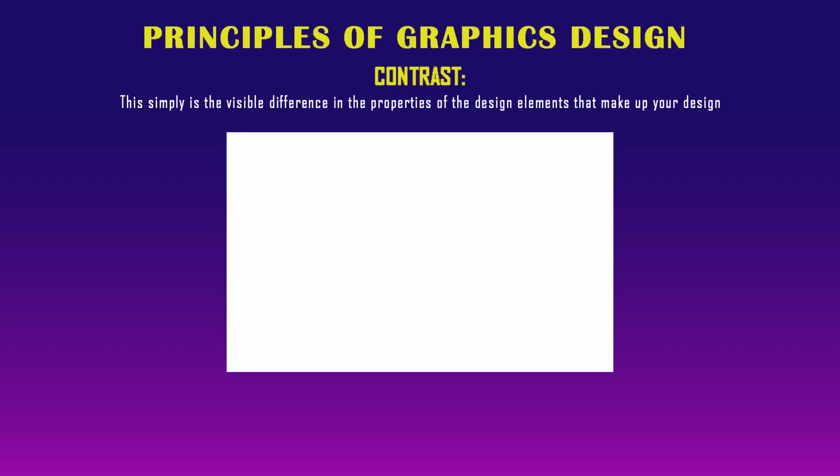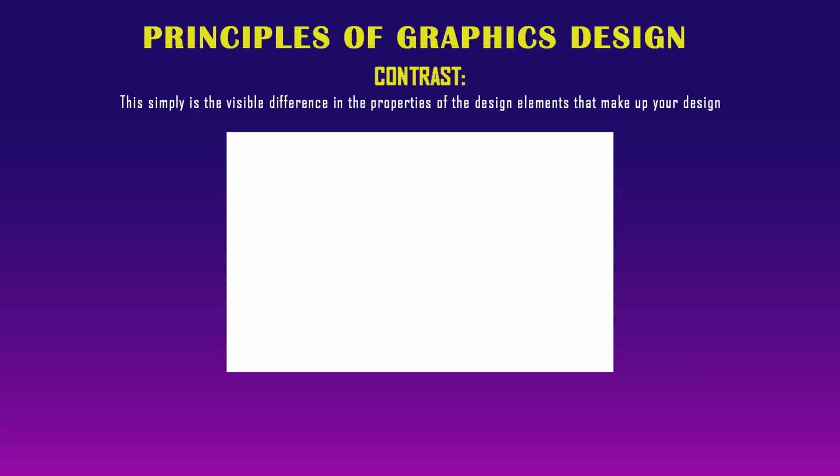Examples include placing a black font on a white background instead of a lighter font like yellow on a white background. This is because you can see that because of the high contrast between black and white, the font stands out of the background, but because of the low contrast between yellow and white, you can't clearly see the font.